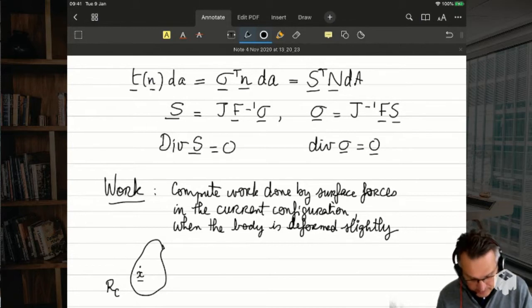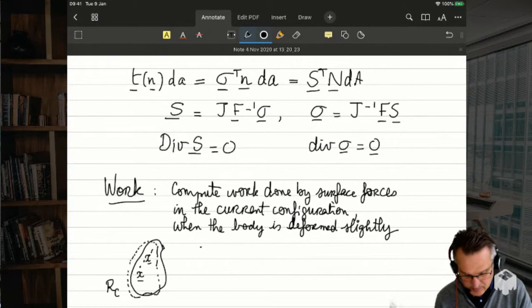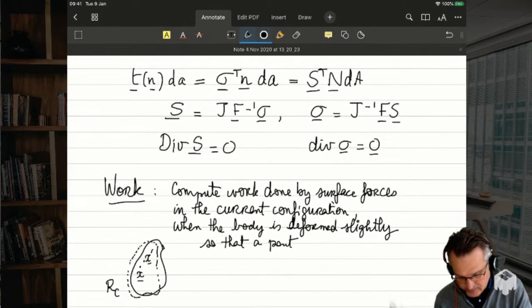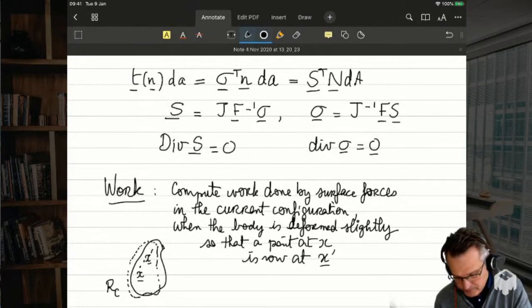I'm going to say that the body is deformed slightly, maybe like that, just a little bit, and x is going to move to x prime, so that the point at x is now at x prime.